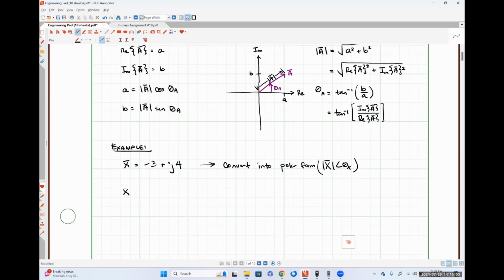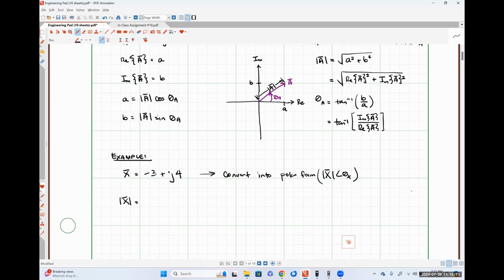Okay. So if I use the relationships that we just defined, the magnitude of x would be what? Somebody tell me what I should put in my equation here, please. Square root of 3 squared plus 4 squared.